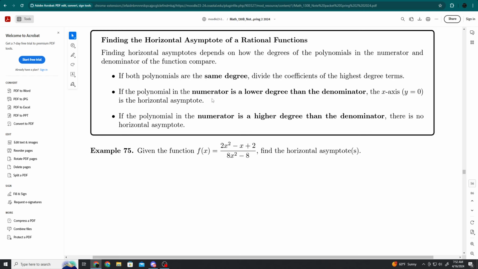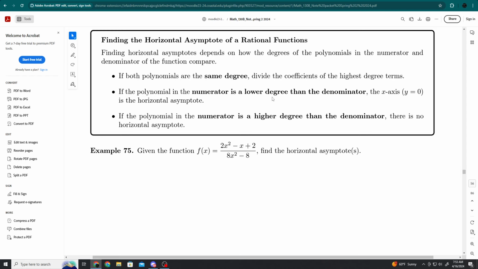That's case 1. If they're the same, we divide the coefficients. Case 2. What if the denominator has a larger degree? Excuse me, I said it backwards. The numerator is lower than the denominator.